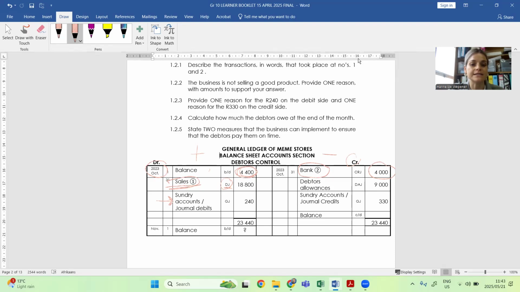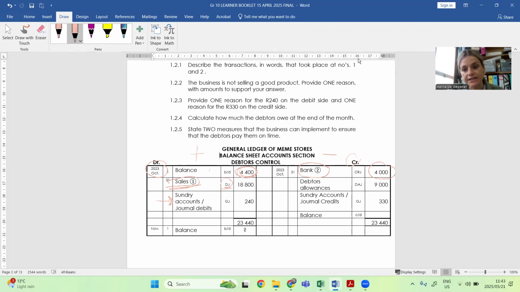But for other reasons, such as you charged interest on this debtor's account because his account was overdue, or maybe you made a transfer from a creditor's ledger to the debtor's ledger. Could be that there was another correction that you had to make. That could result in this debtor's accounts then increasing. So that's what sundry accounts or then journal debits is.